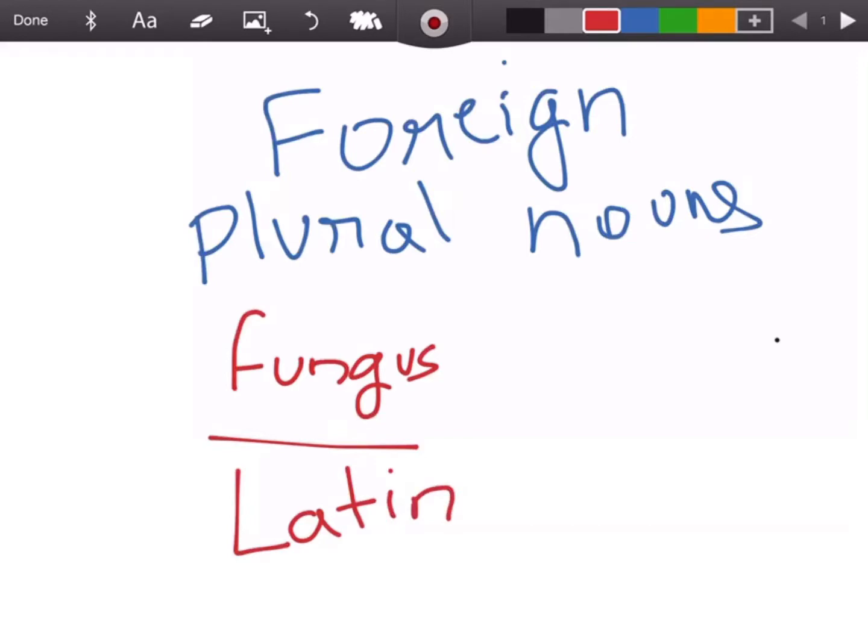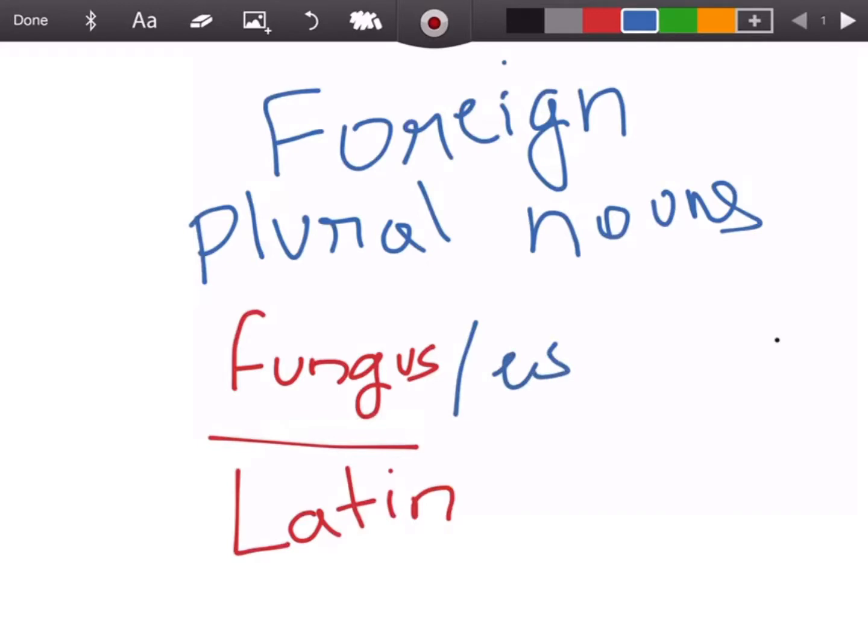What we can do to that word is pluralize it, and this depends on the context of the sentence. If you are using a normal, informative sentence, then you would say funguses.